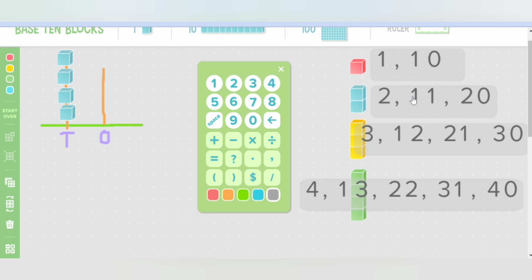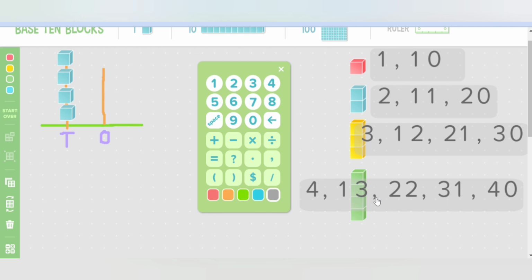With two counters, 11 and 20, 1 and 1 makes 2, 2 and 0 makes 2. With 3, the sum of 2 and 1 is 3 and 1 and 2 is 3. And with 4, you can see the number 13, 3 and 1 makes 4, 2 and 2 makes 4, 3 and 1 makes 4.